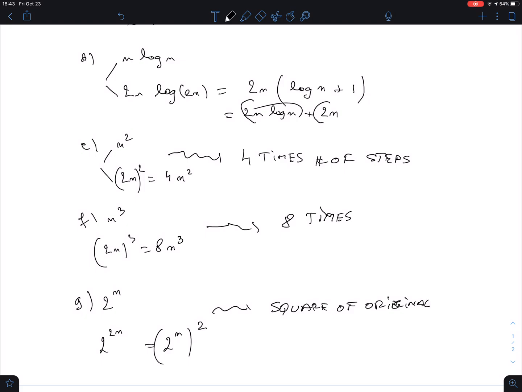So we have to square the amount of time. So if the previous one took this many steps, this one is going to be the square of the number of steps. Now we have to be a bit careful here because squaring is a process where the units are important, right?